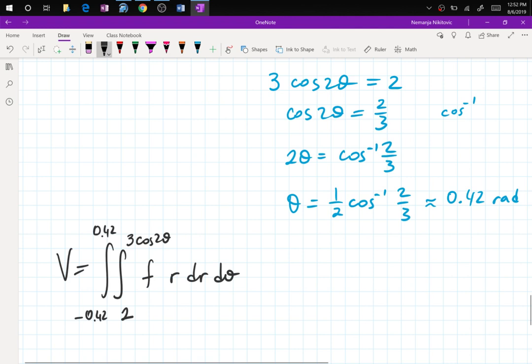You either have all numbers, or you might have some of them be functions. Now, the good part about polar coordinates is you don't switch the order of integration, right? So the string r dr d theta is a unit. It doesn't change into r d theta dr or something like that. So we just have them in this order, so you don't have to worry about messing with the conversions.